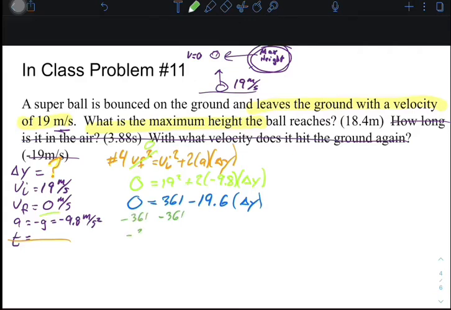So we end up with negative 361 is equal to negative 19.6 times delta Y.